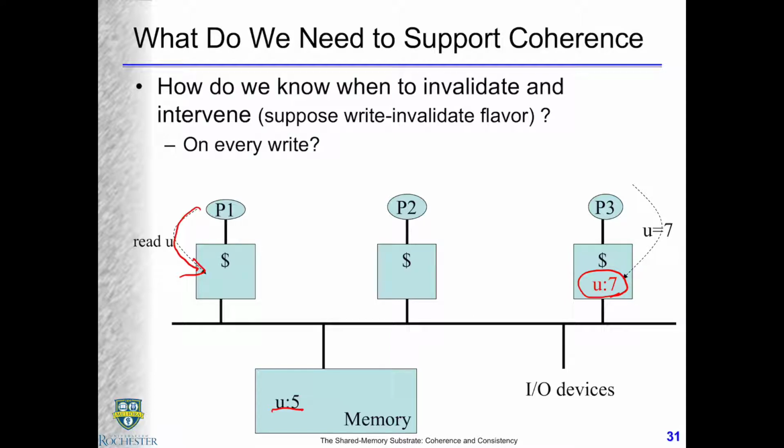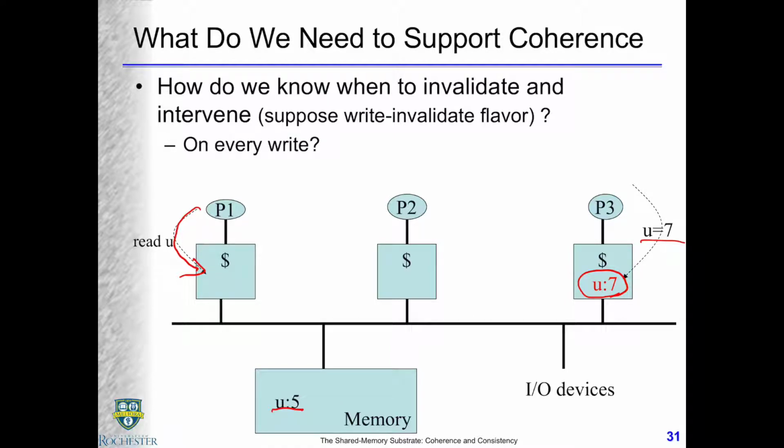And this providing the update is called intervene. To make sure that that's the only line in the system, we have to go through invalidation when we issue the write request.